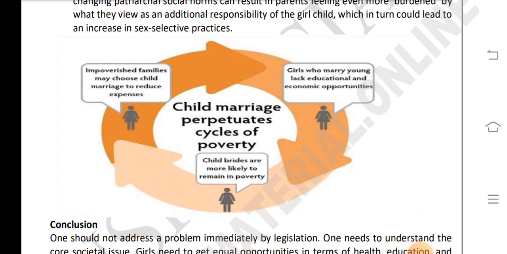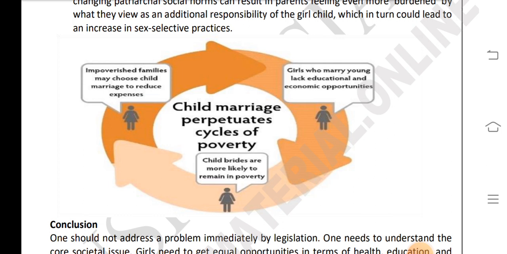It can result in the rampant prevalence of illegal actions and an increase in sex-selective abortions. Increasing the legal marriage age without changing patriarchal and social norms can result in parents feeling even more burdened by what they view as the additional responsibility of the girl child, which in turn could lead to an increase in sex-selective practices.